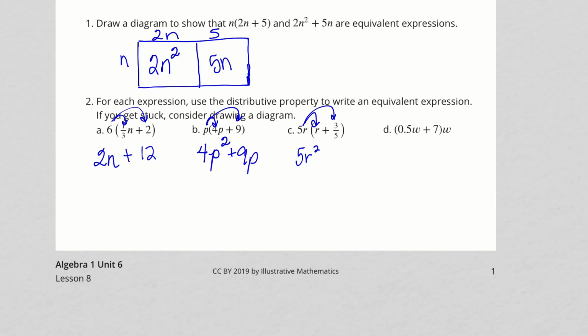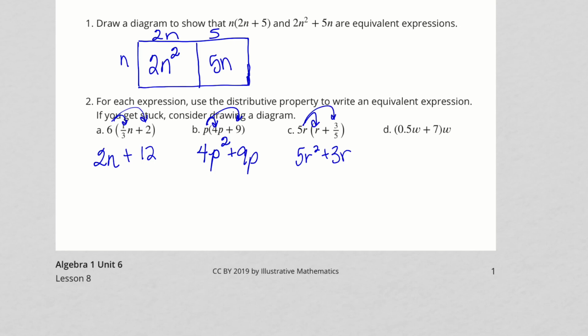What is 5 divided by 5? 1. What's 1 times 3? 3. Awesome. That makes sense.